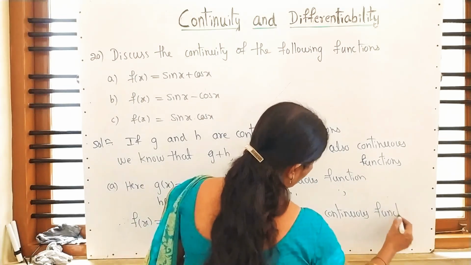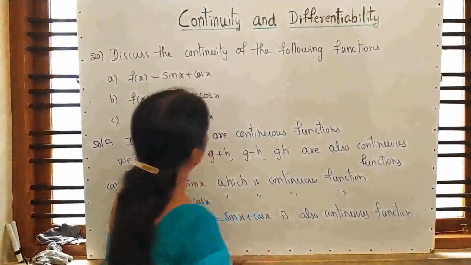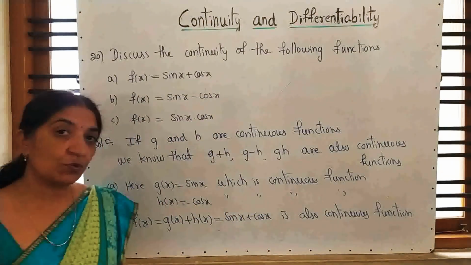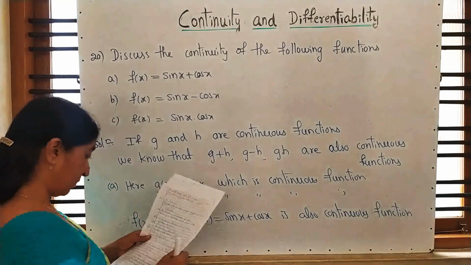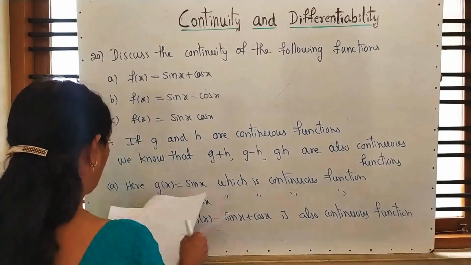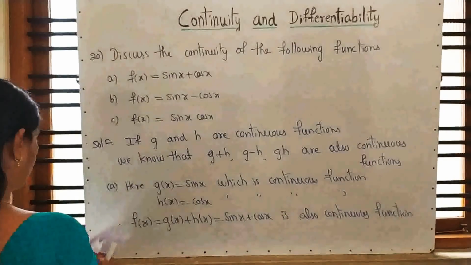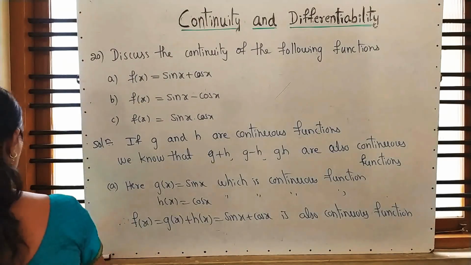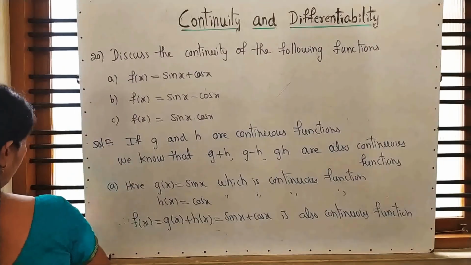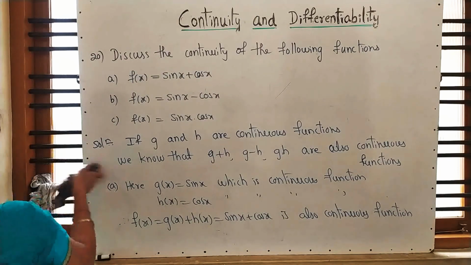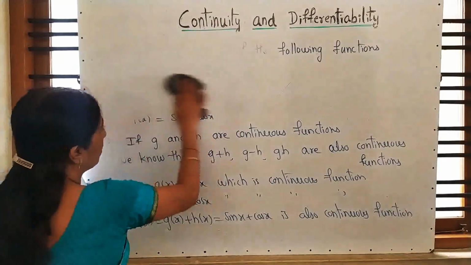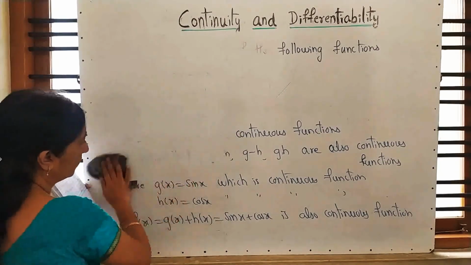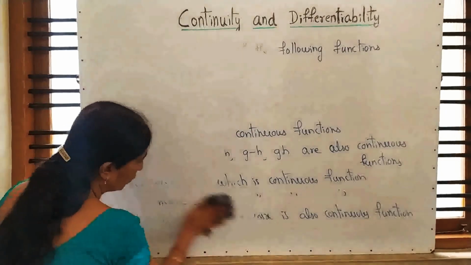Yes students, is it very simple? Yes, it is very simple. Can you write the remaining two? Yes, write down the remaining two, just subtraction and multiplication. Now moving to the next question. Question number 21: in 20 B and C, I left them with the students only, and remember in the next video I will not explain, because now only I explained everything here. The remaining questions I will solve.